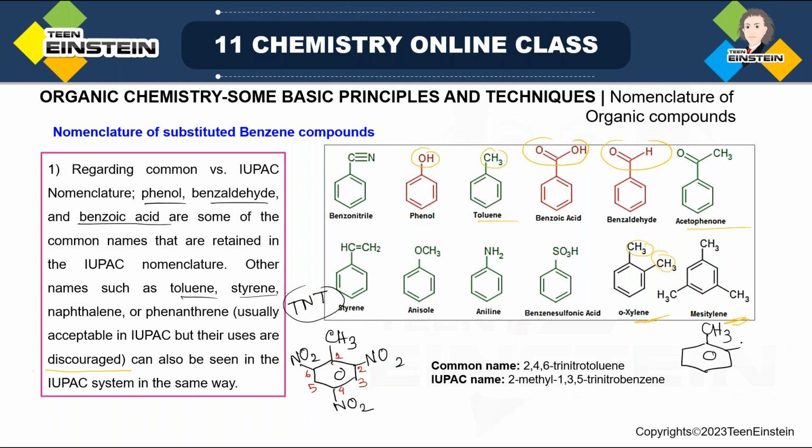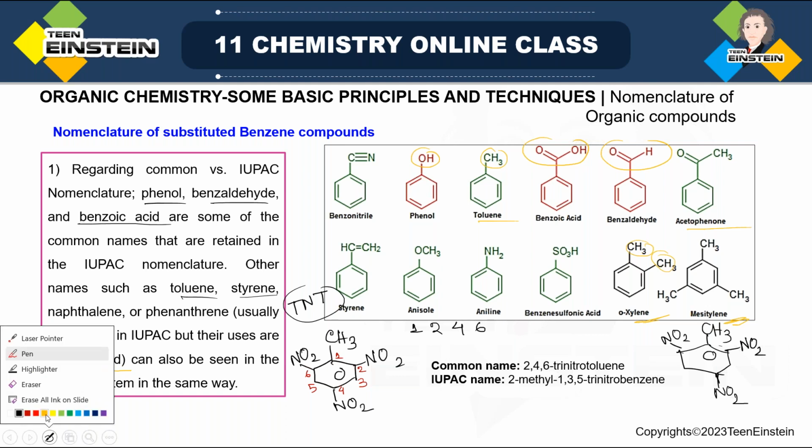I will do the numbering in a different way. Now, if you are thinking why the same numbering cannot be used in IUPAC, that logic also we have to understand. So the same structure I have drawn again. Suppose you are following the same numbering for the IUPAC name, then what will you get? At one position there is methyl, at two position there is NO2, at four position another NO2, and the third NO2 at six position. So it is 1, 2, 4, 6.